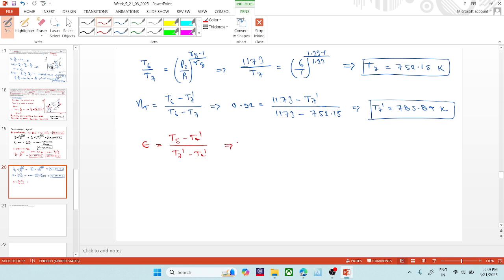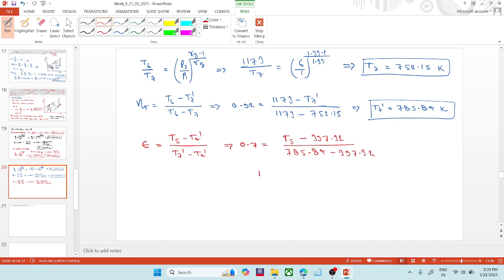Effectiveness, they have provided the value of 0.7, would be equal to the T5 value we have to determine minus T4 dash value we have calculated as 397.32, divided by T7 dash value we have just calculated, 785.84, minus T4 dash, 397.32.